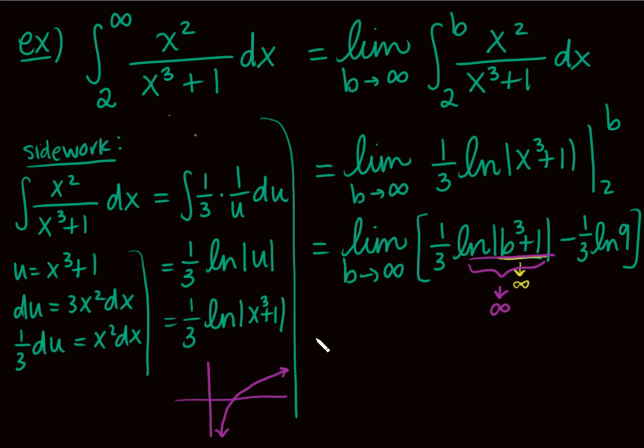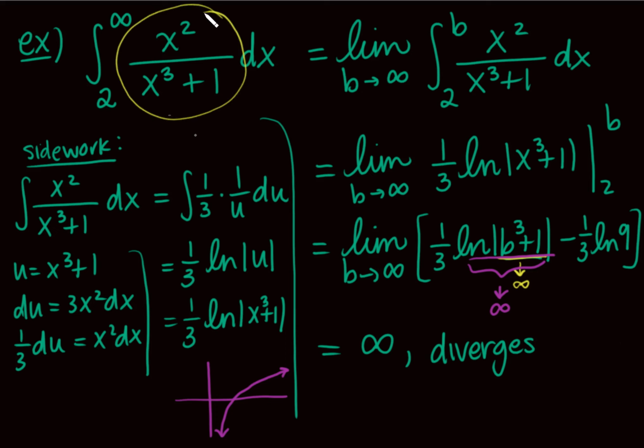So this equals infinity, and we say that this diverges. That means the area underneath the graph of x squared over x cubed plus 1 from 2 to infinity goes to infinity. It doesn't approach a number. It doesn't get close enough to the x-axis fast enough for that area to be finite. I hope that makes sense.